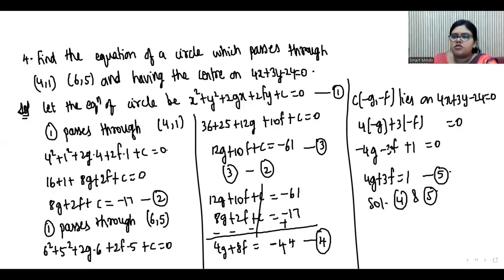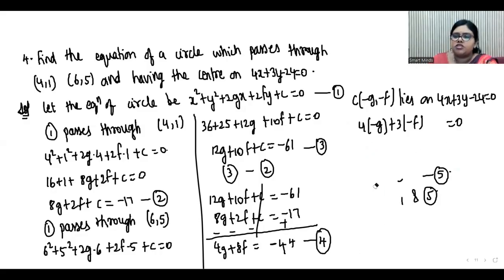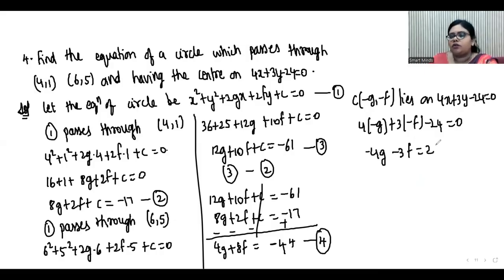This is minus 24. From here it will change. Okay. So minus 4g minus 3f is equal to minus 24. This is equation number 5.